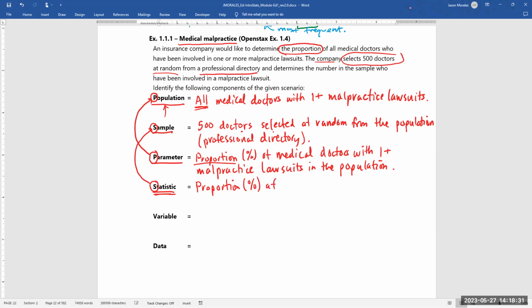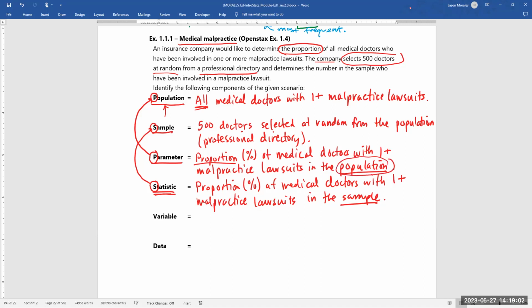So we're interested in the proportion of doctors with one or more malpractice lawsuits in the sample versus the population. So pretty much for the parameter and the statistic, we're interested in the exact same thing, but a parameter relates to a population and a statistic relates to a sample.